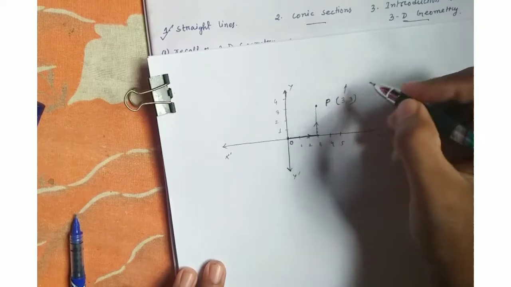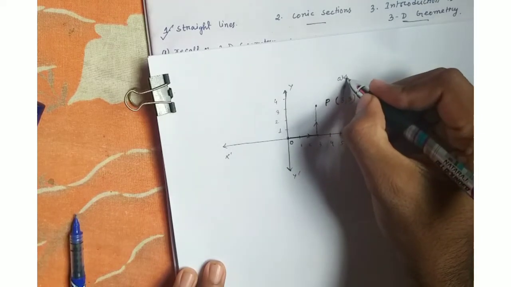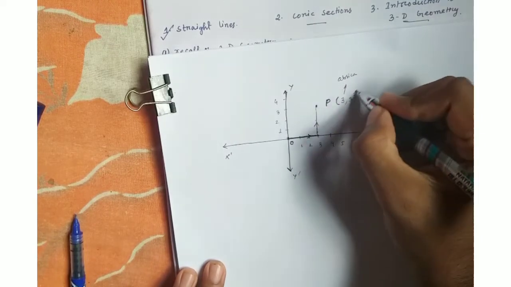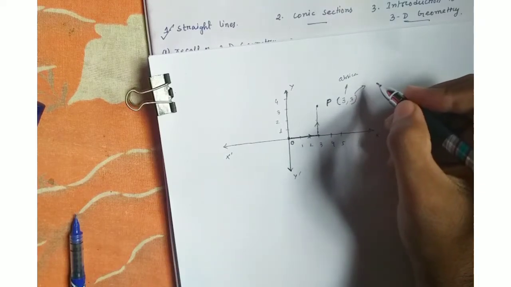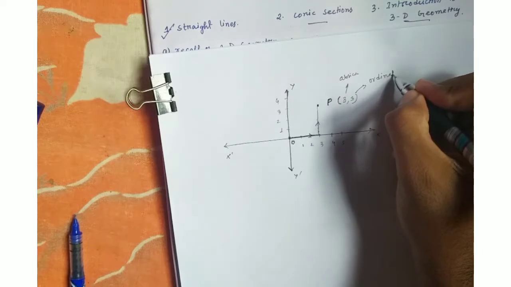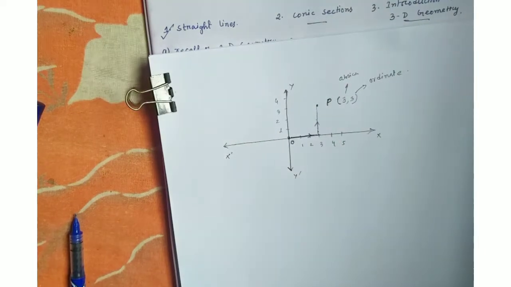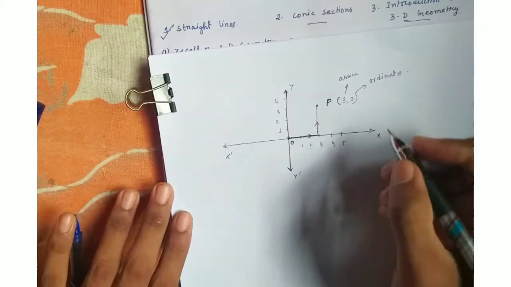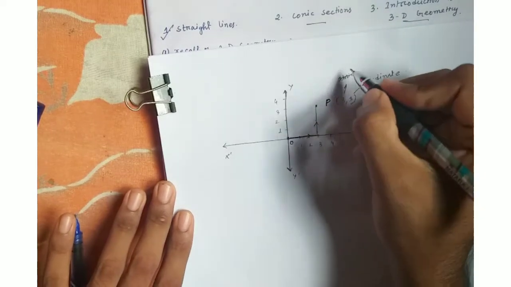The first number is called the abscissa, and the second one is called the ordinate.